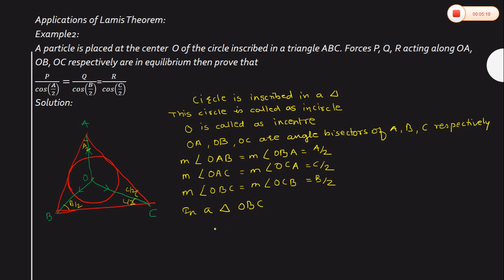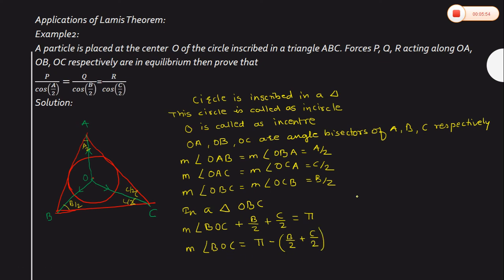Therefore, in triangle OBC, the measurement of angle BOC plus B by 2 plus C by 2 is equal to 180 degrees, that is pi. And therefore the measurement of angle BOC is equal to pi minus B by 2 plus C by 2, by transferring these two angles to the right hand side.